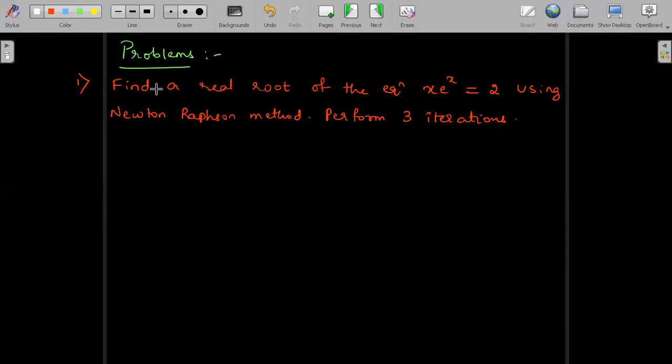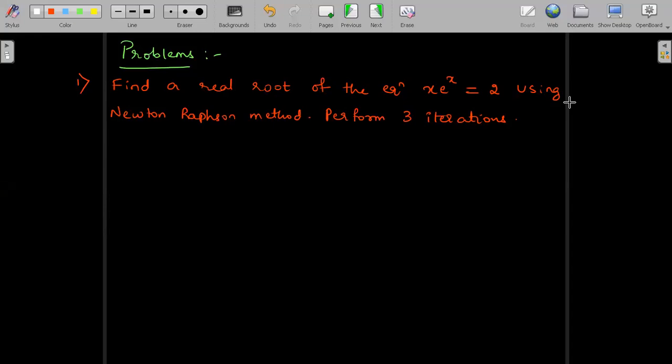First problem, find the real root of the equation x e power x is equal to 2 using Newton-Raphson method. Perform 3 iterations. So given function is f of x is equal to 0 form we should put. So x e power x minus 2 is equal to 0 is the given function f of x.